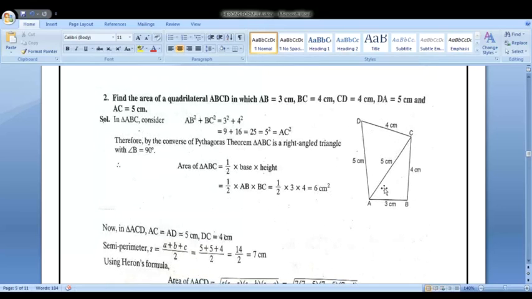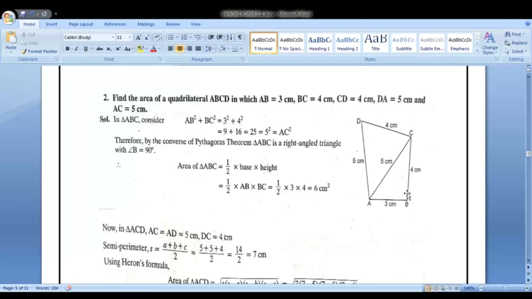Now here I can't do Pythagoras theorem. Why? 4 square plus 5 square. Always remember, to apply Pythagoras theorem, among the three sides, one should be the longest one. Here 3, 4, and this is 5. Always the longest side is opposite to 90 degrees.